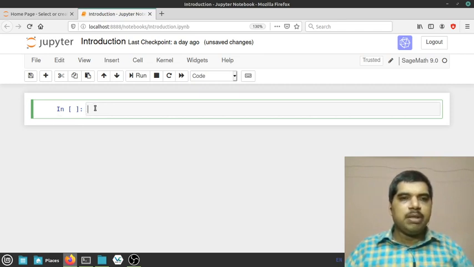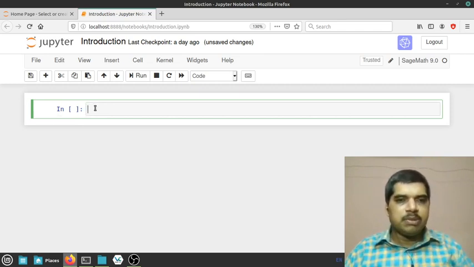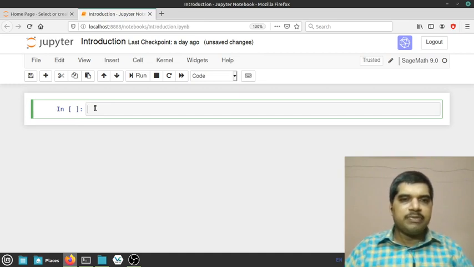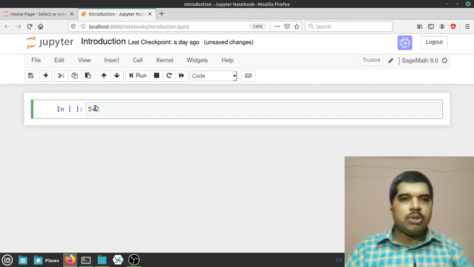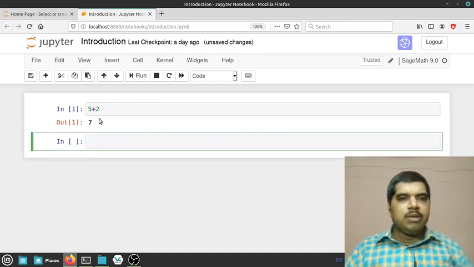and I am typing some very simple mathematical arithmetic. I'm trying to add two numbers, 5 plus 2, and then either I can click on the run icon here. So I'm clicking on the run icon here. The output comes as 7, or I can just type 5 plus 2 and press Shift Enter.